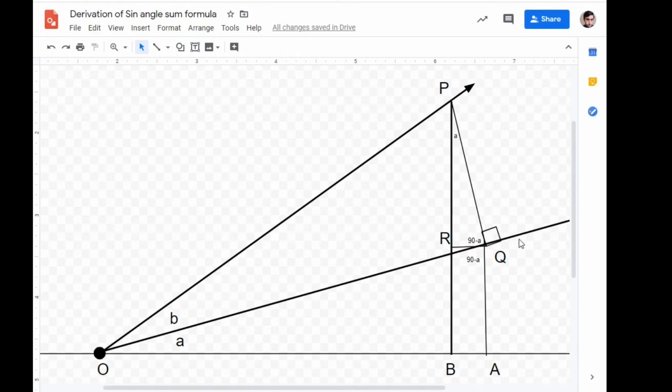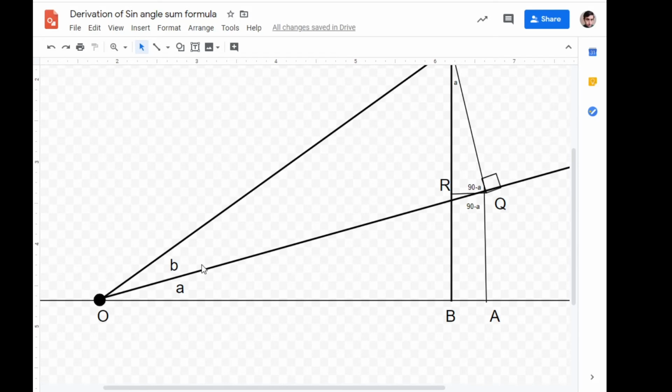This length, because this is 1, this length right here is the sine of angle B. Because it's a right angle here, then we've got PQ as the sine of angle B. Then we've got OQ, from O to Q, this is the cosine of angle B. So this is cosine of B right here. This is sine of B.